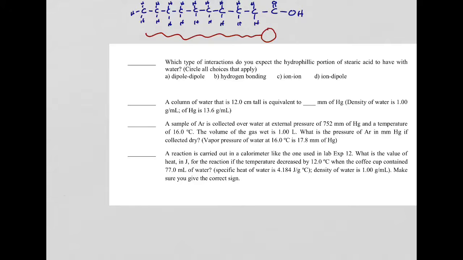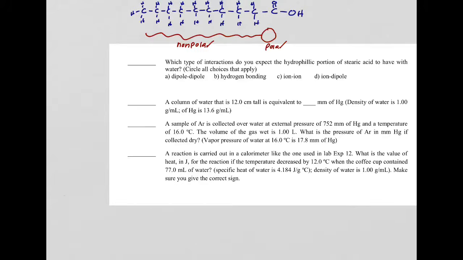The tail corresponds to all these carbon atoms. And I went over it during one of our lectures. I said, whenever you have nothing but carbon and hydrogen, what are you? You are non-polar. But when you have oxygen or nitrogen, you are polar.